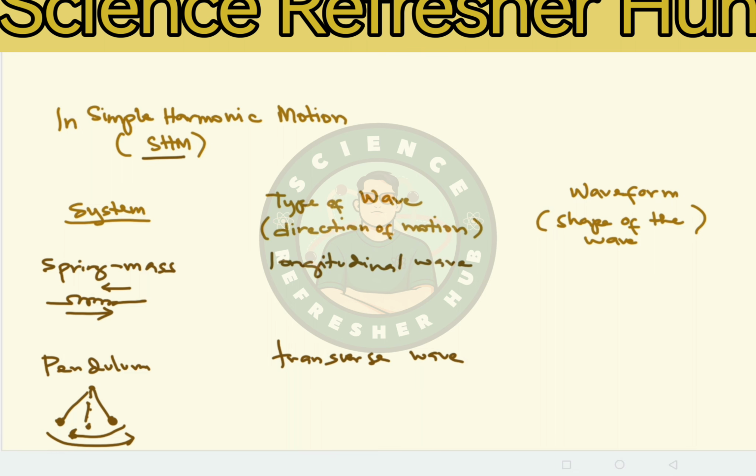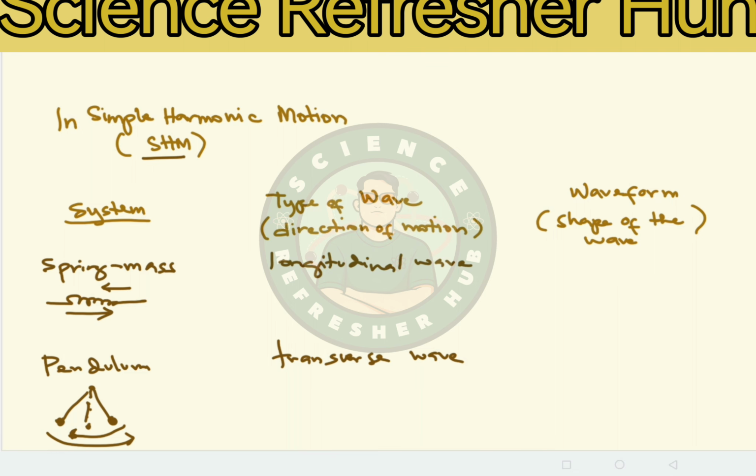But for these two, either longitudinal wave or transverse wave, whatever the type of wave in terms of direction of motion, like in a transverse wave, as in our pendulum, the particles move perpendicular to the wave's direction, 90 degrees.